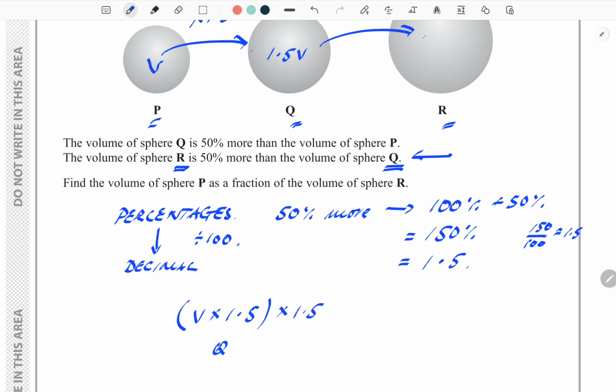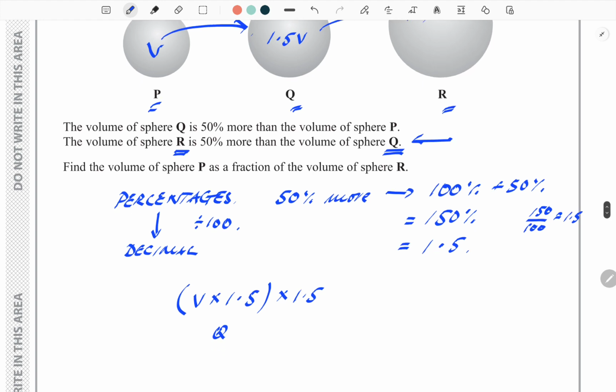Or if you want to do it the other way, that is V times 1.5 times 1.5. A simple calculation on the side, if you like, just multiply it out by hand, is actually 2.25 of the original volume.